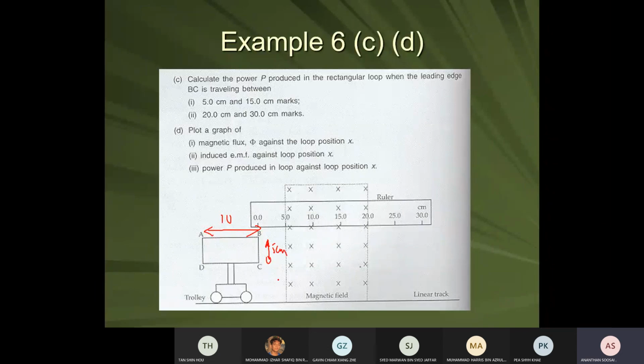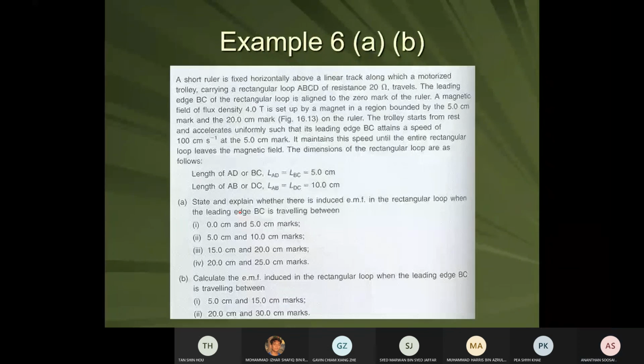And here's the number of turns of this ABCD. How many turns does it have? Oh, they don't have the number of turns.